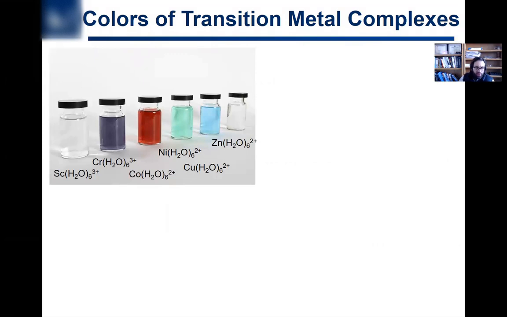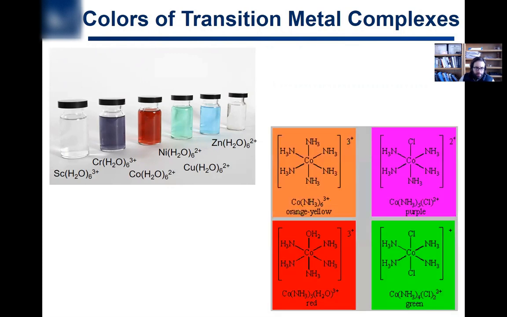Yeah, a wide variety in colors. You can see here some different metal aqua complexes going across the periodic table. Scandium is colorless. You can see the chromium-3 compound: beautiful different colors depending on the d electron count. And here are just different isomers, or similar complexes. All of these are cobalt-3 complexes with different amounts of amine ligands.